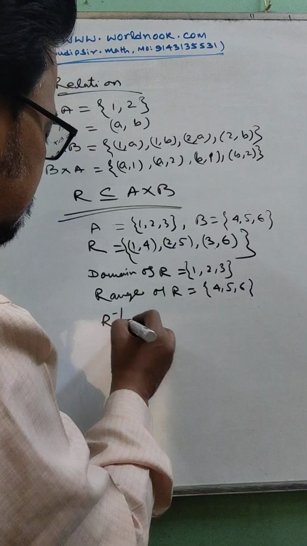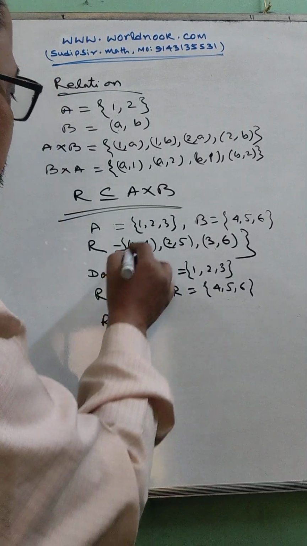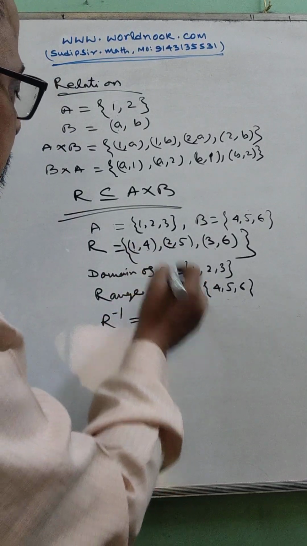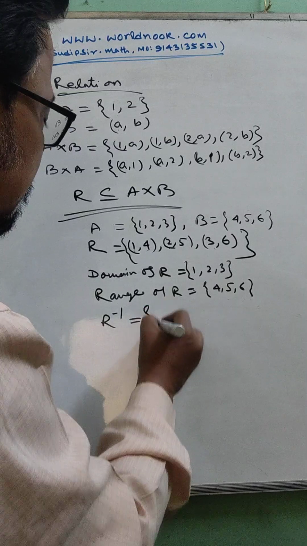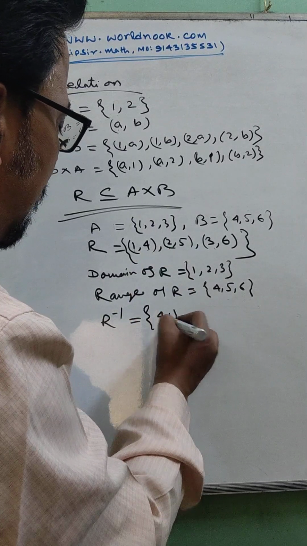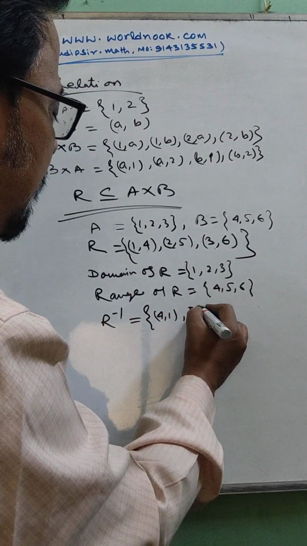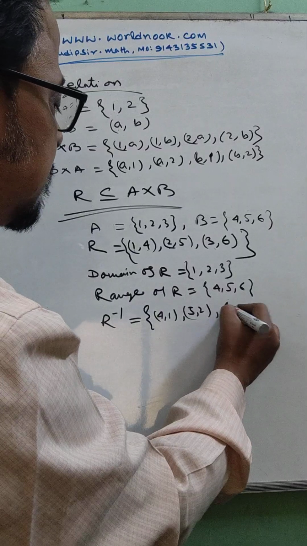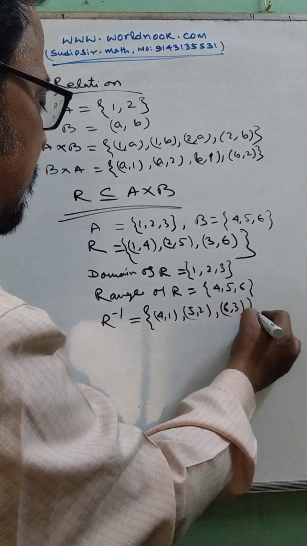And R inverse, one thing, R inverse will be range cross domain. R inverse will be like (4, 1), (5, 2), (6, 3). This is the R inverse.